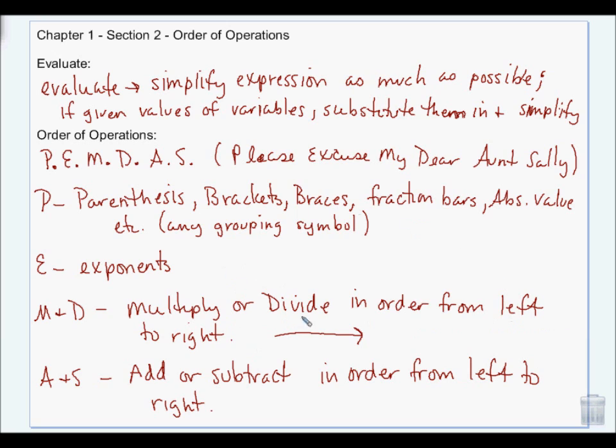If division comes first, do division first. If multiplication comes first, you do the multiplication first. What's important is that you do all of the multiplication and division before you do any addition and subtraction. So if the parentheses are the king and the exponents are the queen, multiplication and division are like the princes and princesses. And then you have addition and subtraction. Those you do last, again in order from left to right.